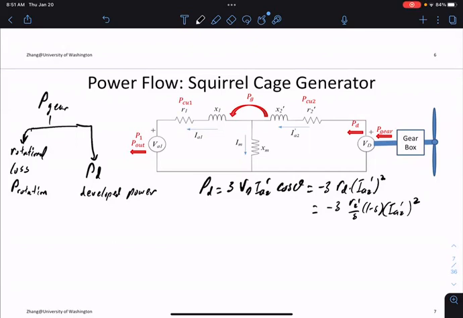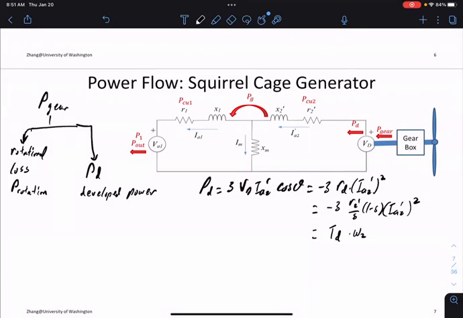So to relate power to torque, basically, power is torque times frequency, right? That's how fast it's spinning times the torque. So here we'll define this as TD times omega 2.